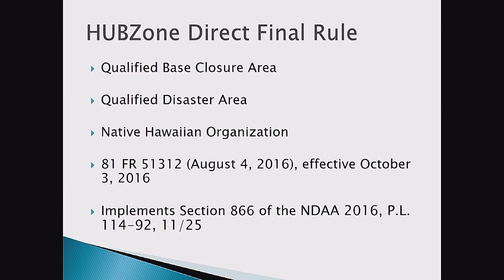So this extends it to areas connected to the base. It allows firms in qualified disaster areas to qualify as HUBZones if they were previously a HUBZone area. And Native Hawaiian organizations can now own HUBZone concerns. This direct final rule was effective in October, and it implements part of the NDAA of 2016.